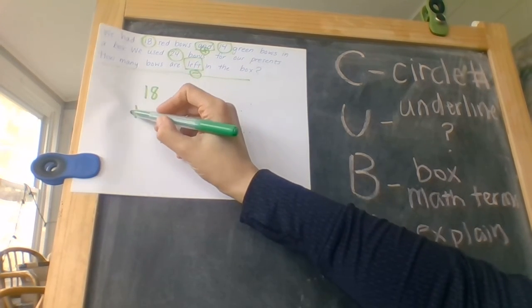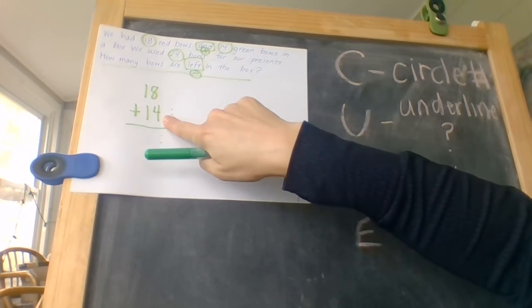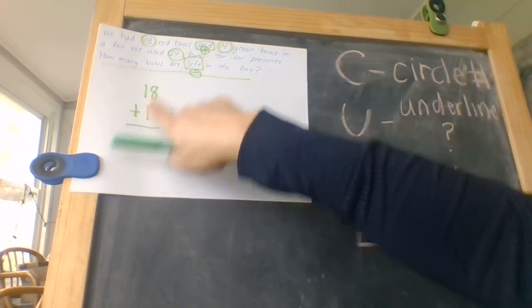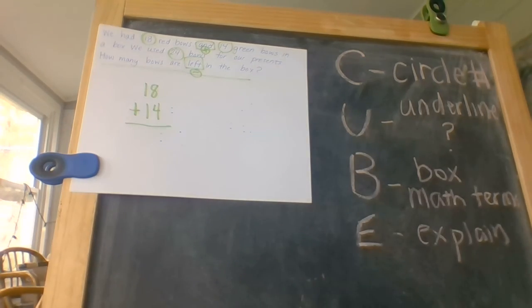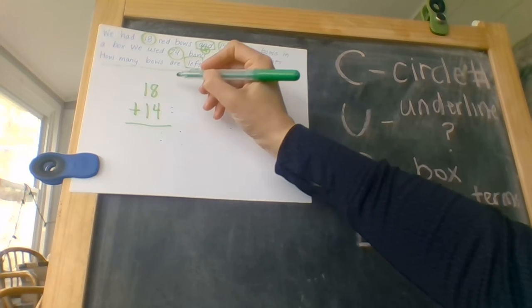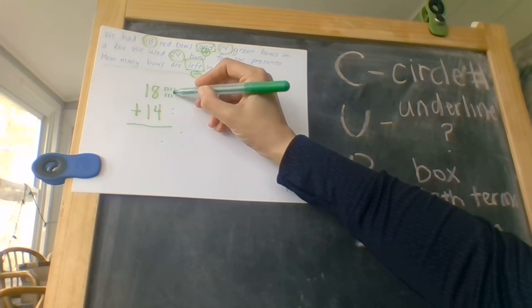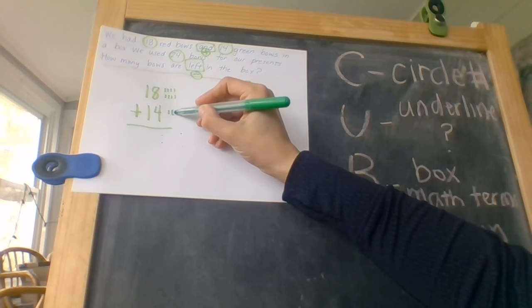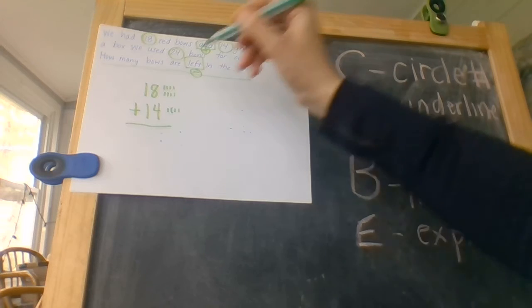18 plus 14. The 8 and the 4 are in the ones place, my ones are in the tens place, and tells me I add those together. 8 plus 4, I'm going to put my tick marks because they're going to help if I want to draw a regrouping picture to see how my tens move. 8 plus 4 is 12.